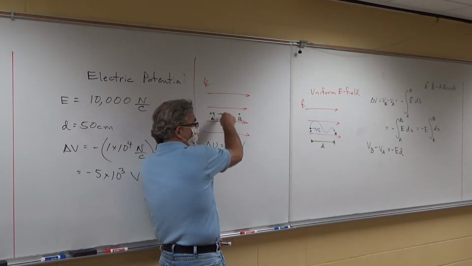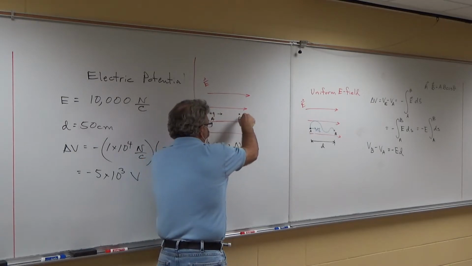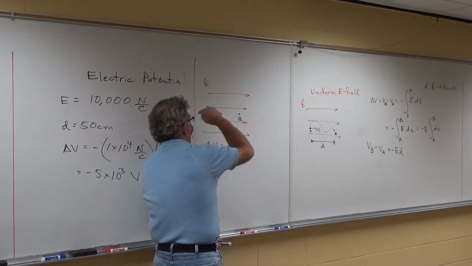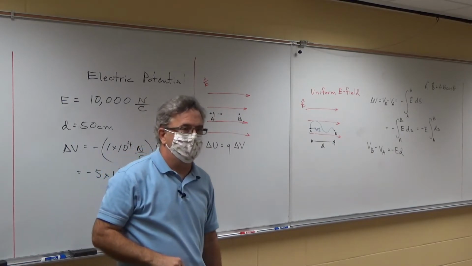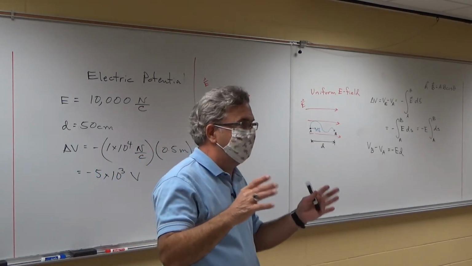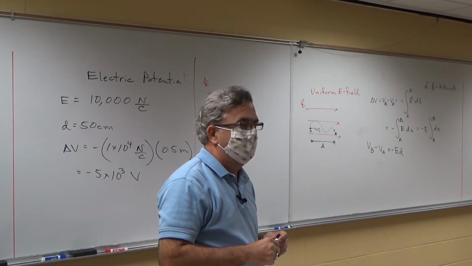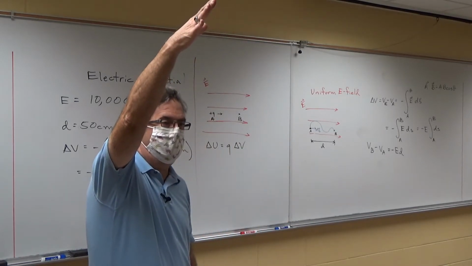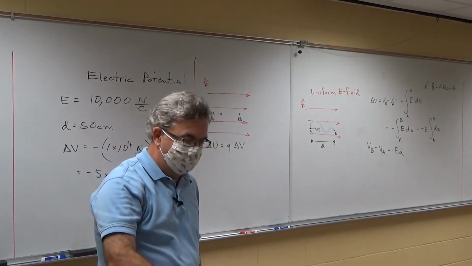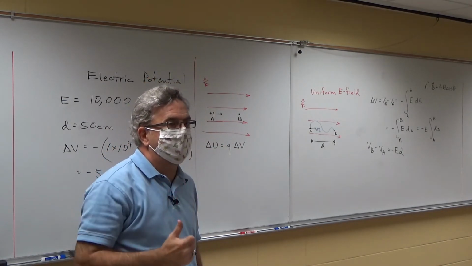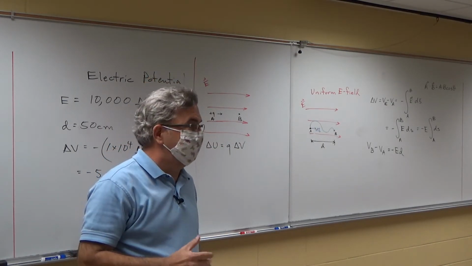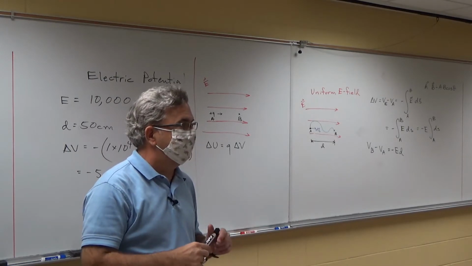There's a force in this direction. So this is going down in potential energy and it's gaining kinetic energy, just like the mass in a gravitational field system. If you let the object fall, it's going down in potential energy and it's picking up kinetic energy. It's a conservative field, no losses.